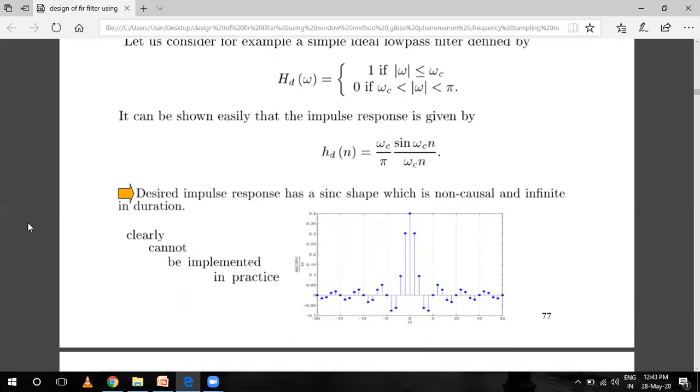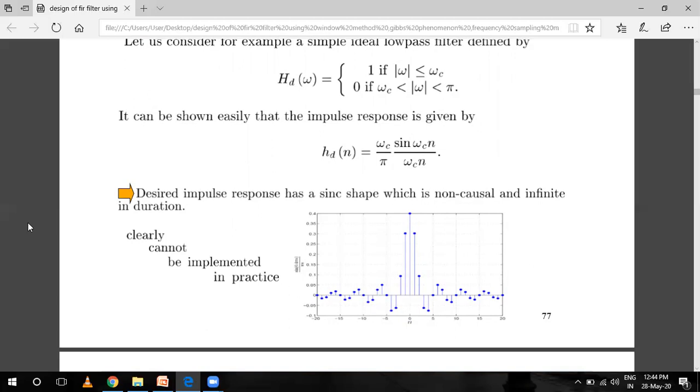hd(n) equals sin(ωc n) upon π n. The desired impulse response has a sinc shape, which is non causal and infinite in duration.